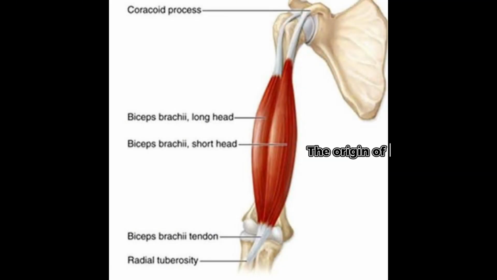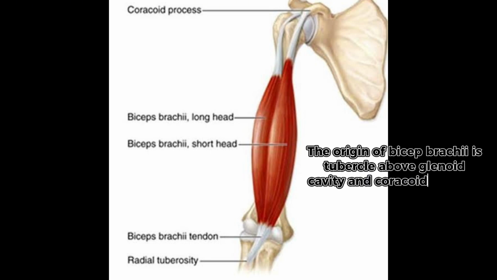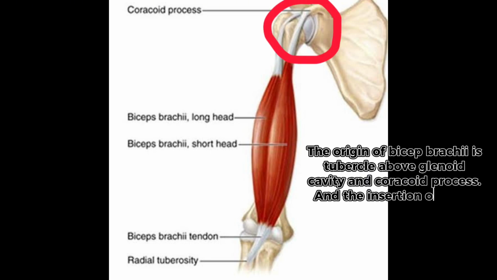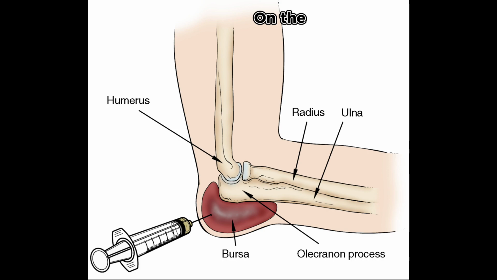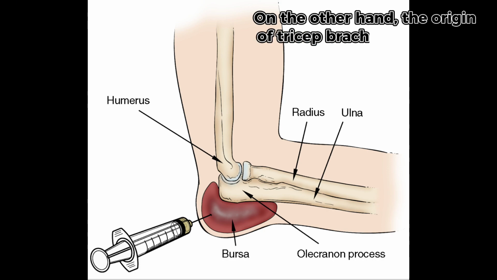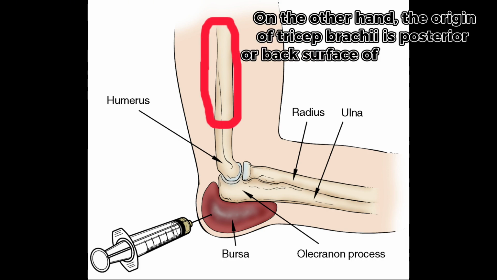The origin of biceps brachii is the tubercle above the glenoid cavity and the coracoid process, and the insertion of biceps brachii is the radial tuberosity. On the other hand, the origin of triceps brachii is the posterior or back surface of the humerus, and the insertion of triceps brachii is the olecranon process.